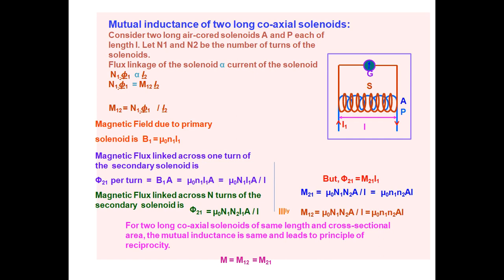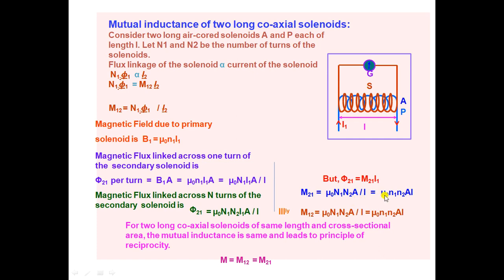After that we'll see the magnetic flux linked across the N2 turns of the secondary solenoid is phi 21 equal to mu naught n1 N2 I1 A by L. Suppose phi 21 is M21 into I1. So using this, what is M21? M21 value is mu naught n1 N2 A divided by L.